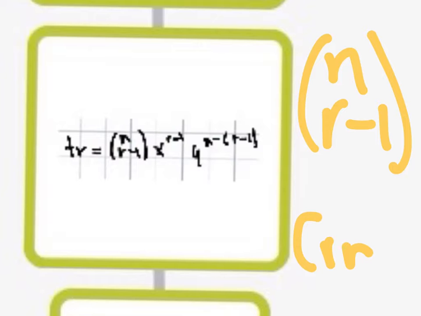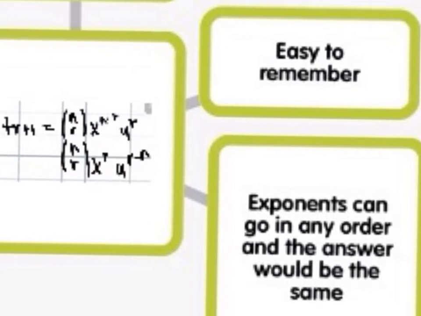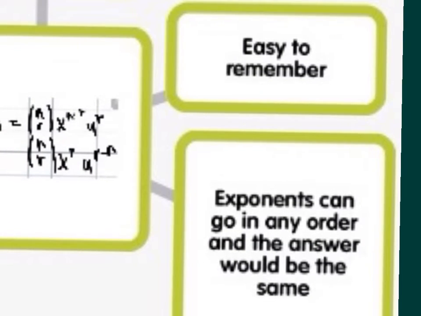But there is a variation that makes everything more simple. Actually, there are two variations, and they are made because they are easy to remember, and they are easier to simplify and to use.